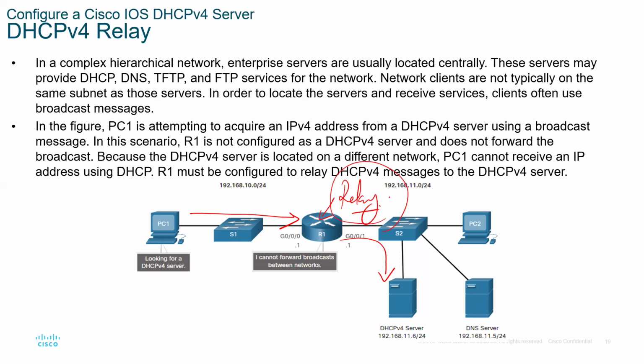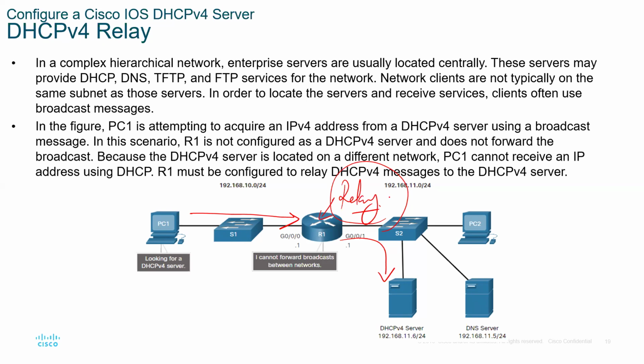By default, I repeat, by default, routers do not forward broadcast. However, with the function of the relay command, the router is then able to forward a broadcast. So that's basically the idea behind DHCP relays, where we are not able to send broadcasts in large networks usually. From the start, we have large networks. The server and the client are on separate networks. Broadcasts cannot be forwarded by the router.